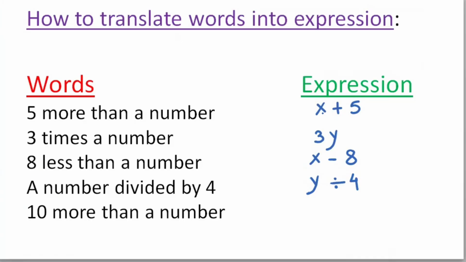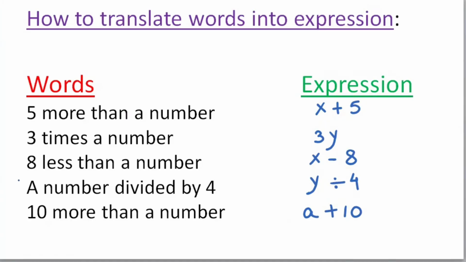I am taking here x, y, you can say a also, m also, b also. Then 10 more than a number. Take a. A is a number and it says 10 more than a number. So how will we write the expression? A plus 10.